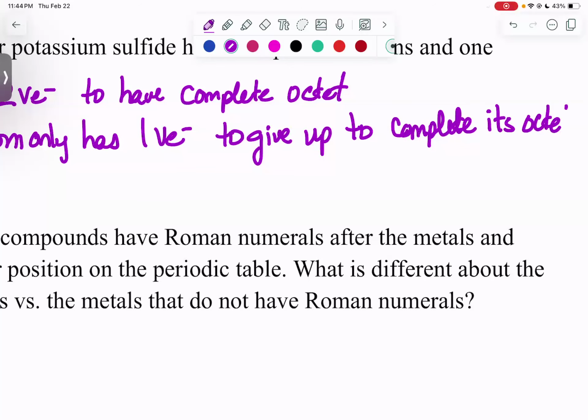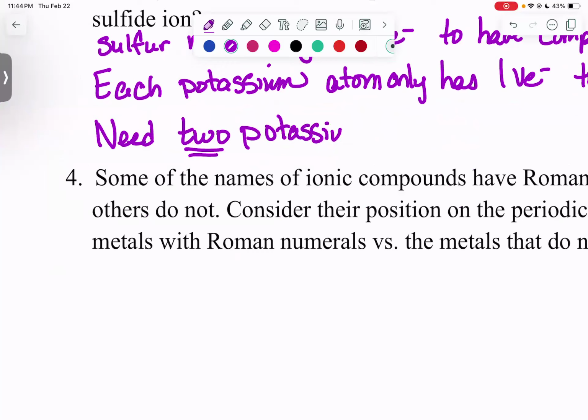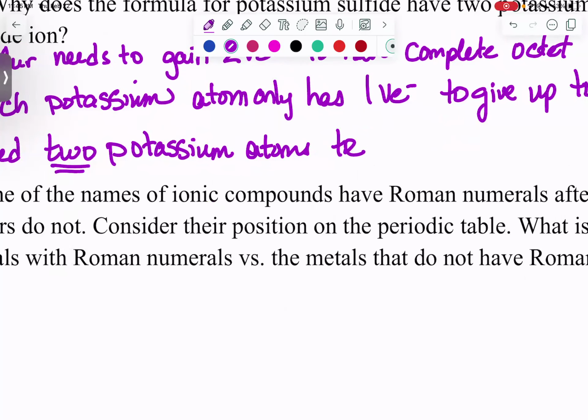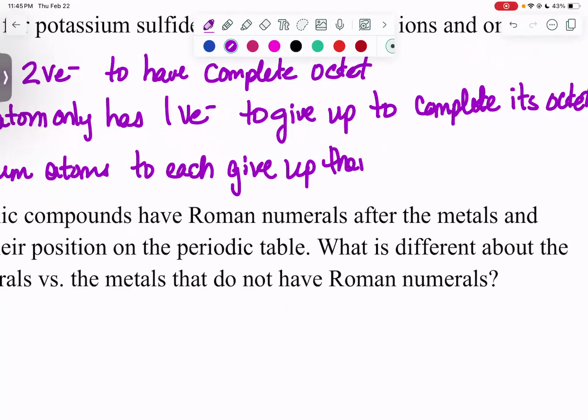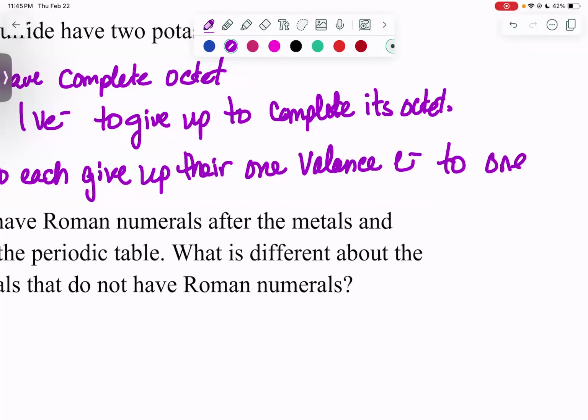So you need 2 potassium atoms to each give up their 1 valence electron to 1 atom of sulfur. Now both are happy.